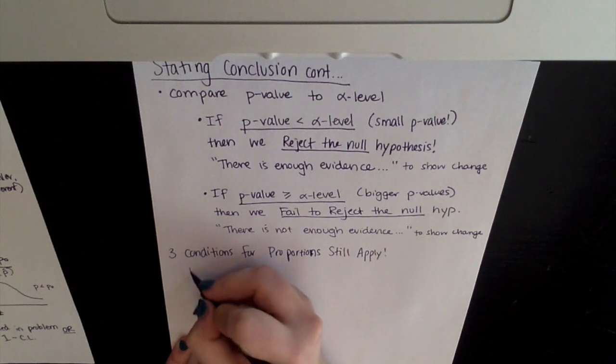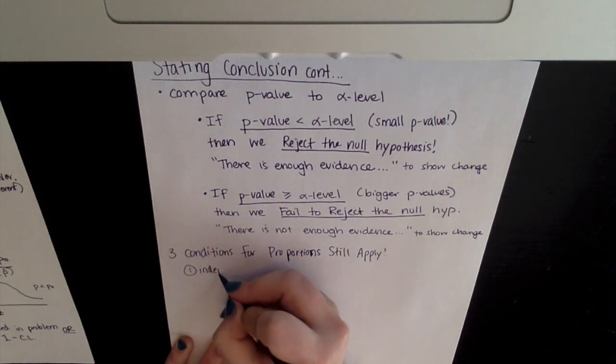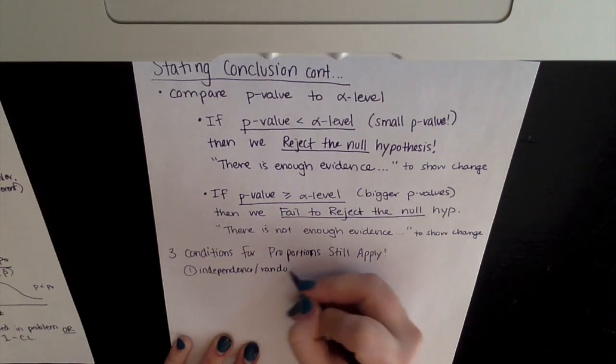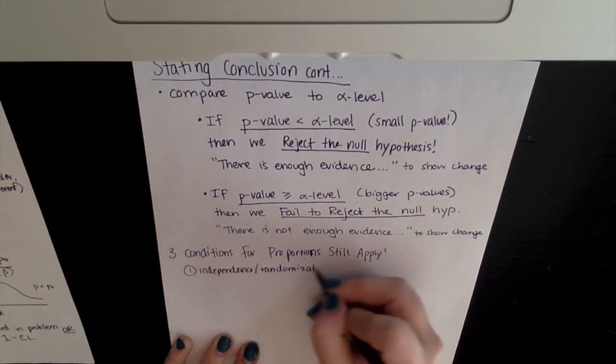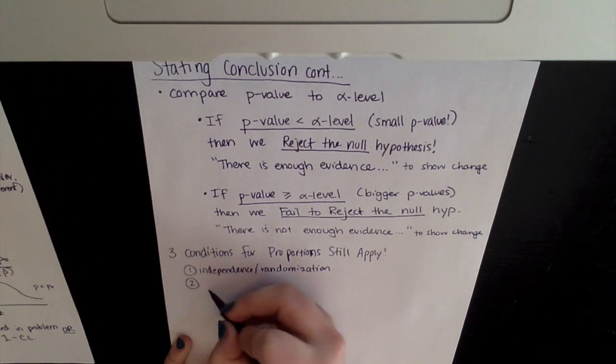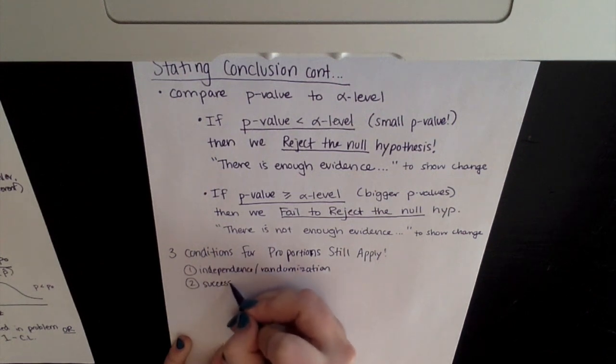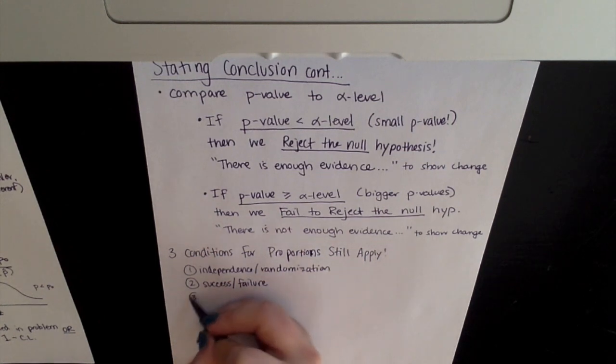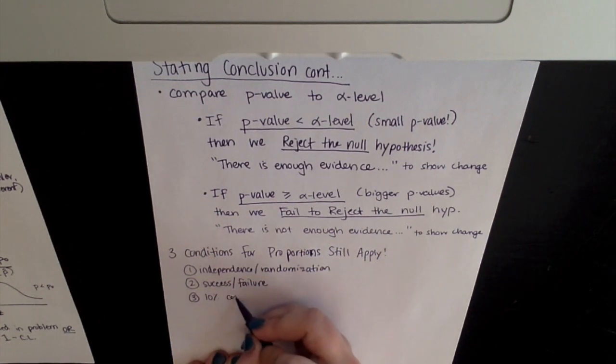Okay? So I still need to check independence, randomization. The second condition was success, failure, and the third condition was the 10% condition.